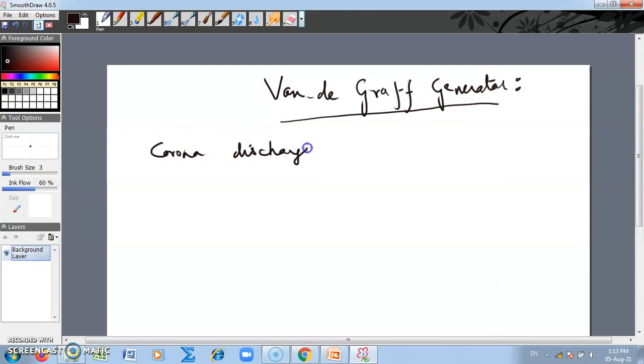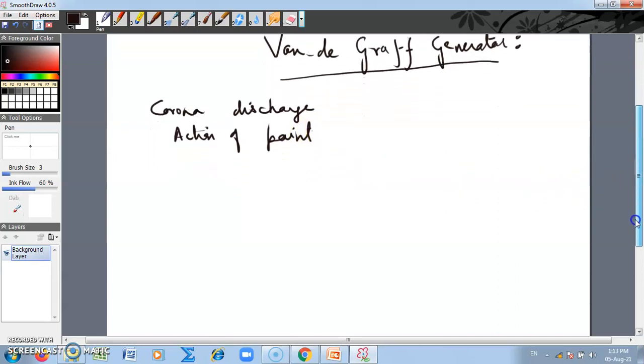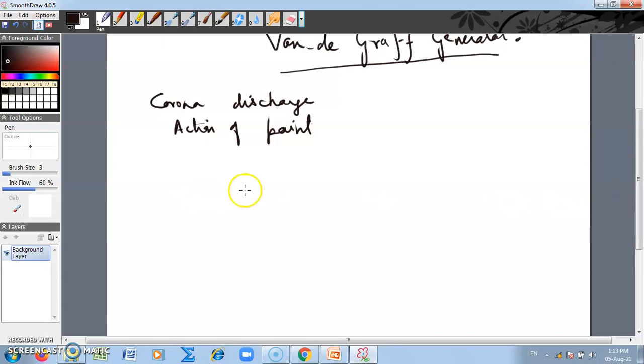You also know this as action of points. It's a very simple principle of the electrostatic force of repulsion. So here we will look at the construction, how a Van de Graaff generator works.